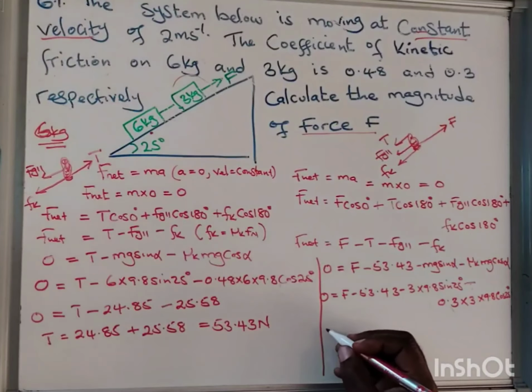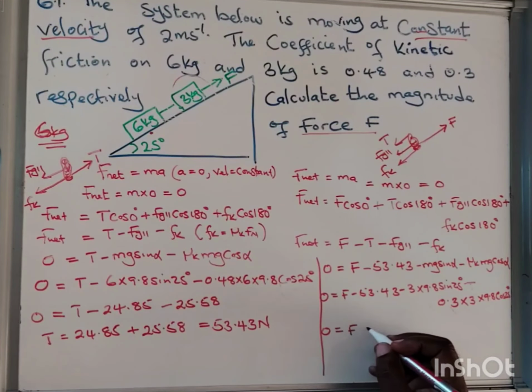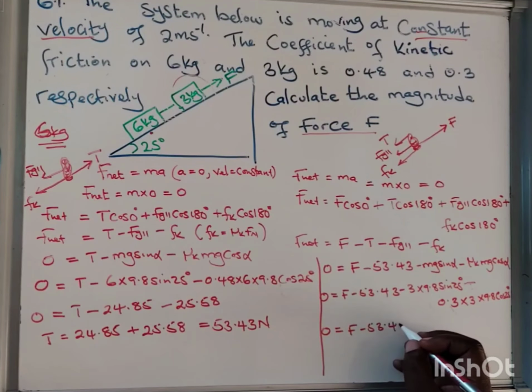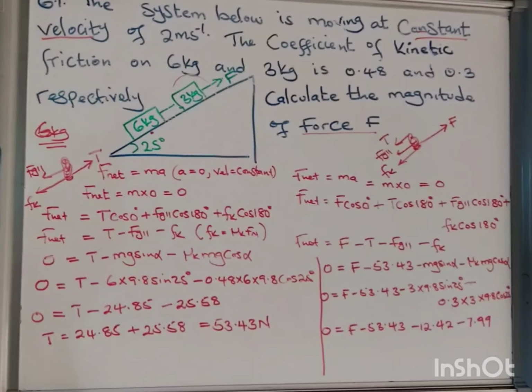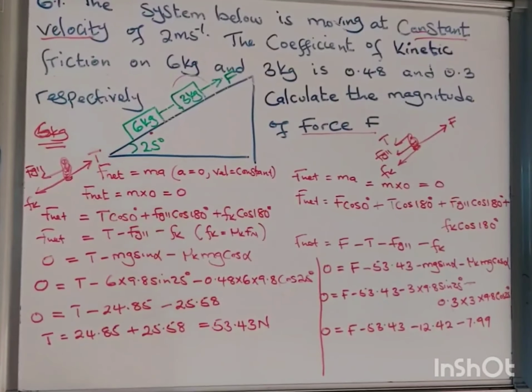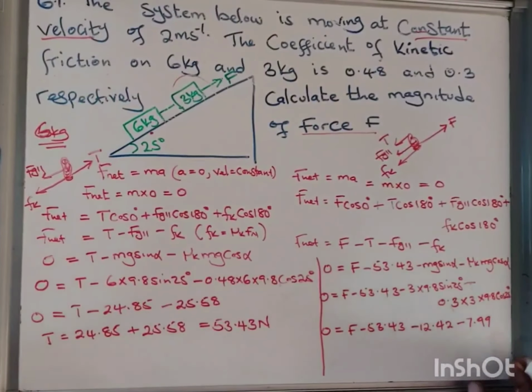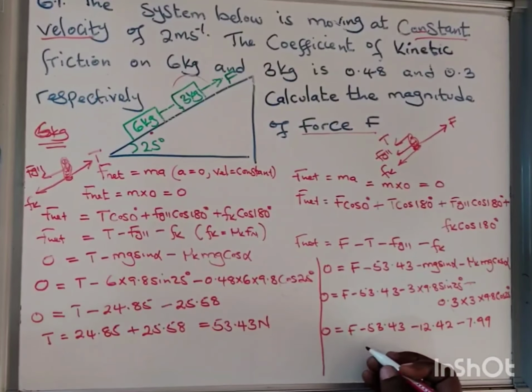From here, you get 0 equals F minus 53.43 minus, let us get those values. So that is what we get. You rearrange to get the applied force.